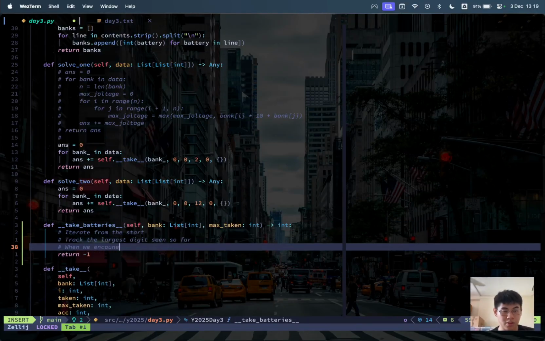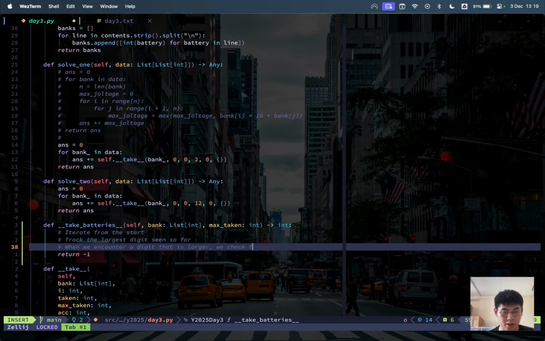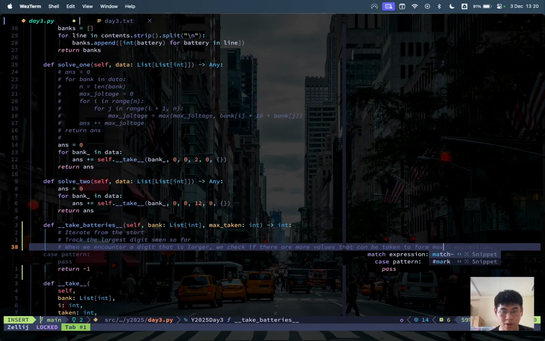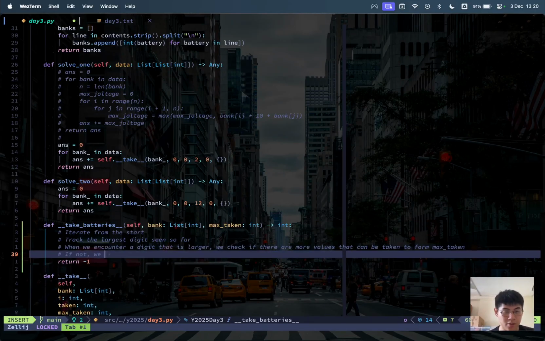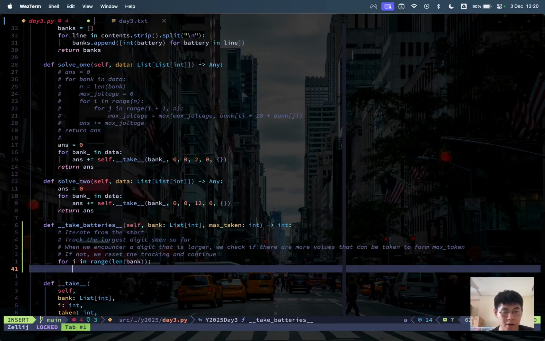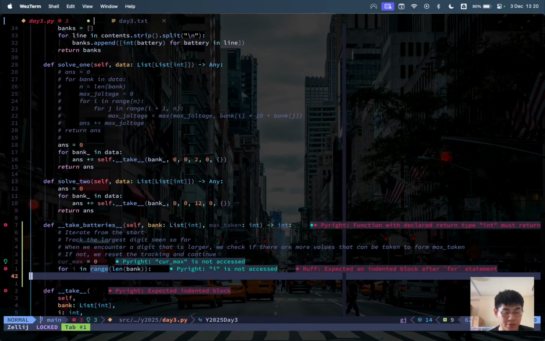When we encounter a digit that is larger, we check if there are more values that can be taken to form max taken. If not, we reset the tracking and continue. So essentially, for I in range of the length of the bank, we say the current max is always equal to 0 for now.